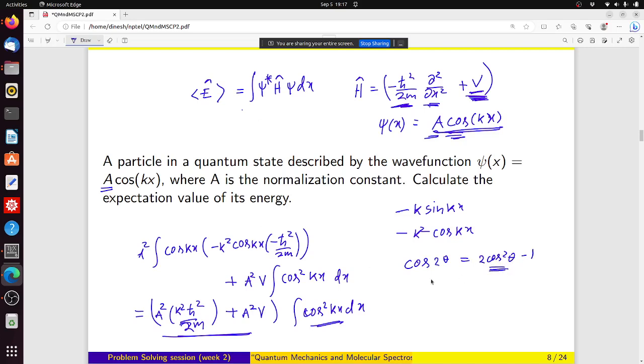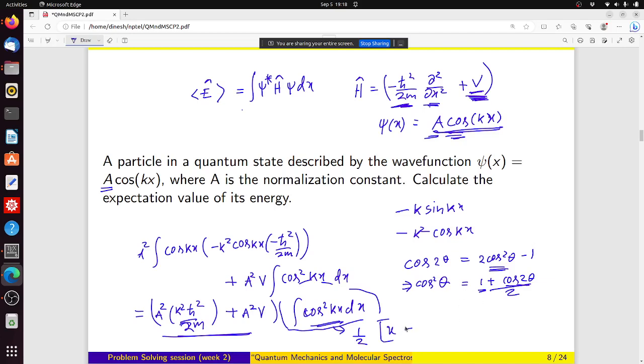From where we can get cos square theta is equal to 1 plus cos 2 theta over 2. Now it's pretty simple. You have to do the integration of the constant and cos 2 theta. So this will be 1/2, x plus the integration of cos, which is sin.